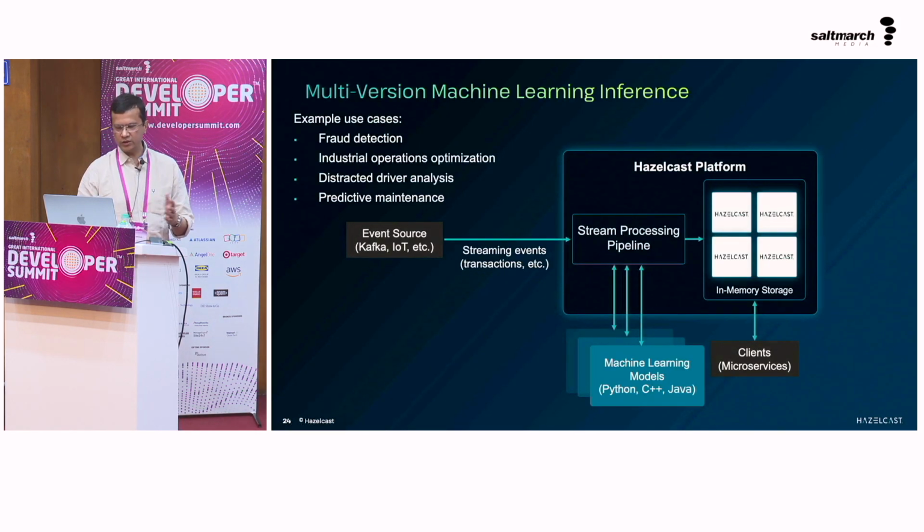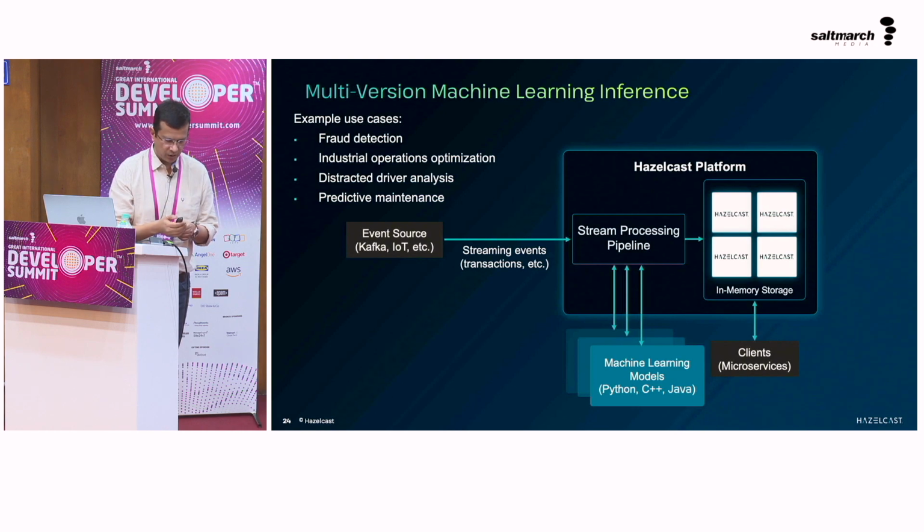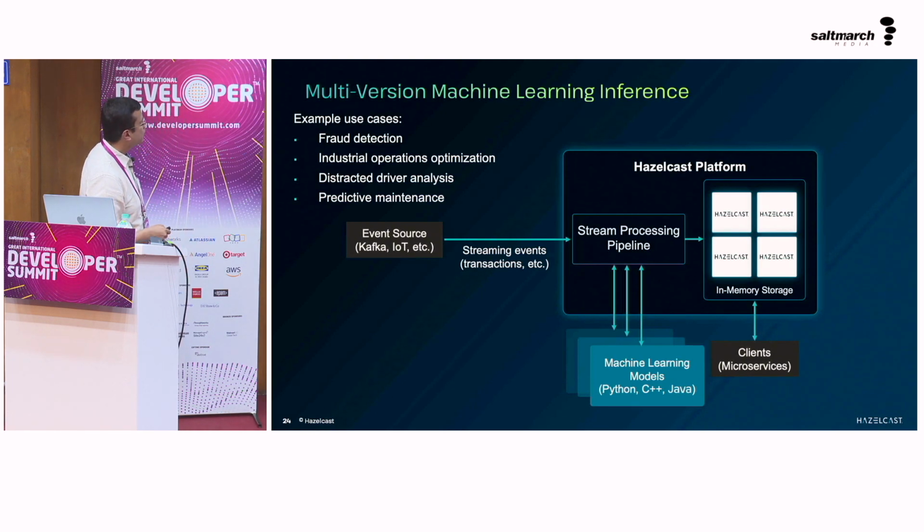So we just looked at the demo, but here is an example of a slightly more involved example of how Hazelcast is used in a multi-version machine learning interface, whereby we have more than one ML model being executed by Hazelcast. Just a reminder, Hazelcast is a distributed system. You ask it to do anything, it will just do it in parallel. This is an example of fraud detection, a very common use case where a stream of data comes in.